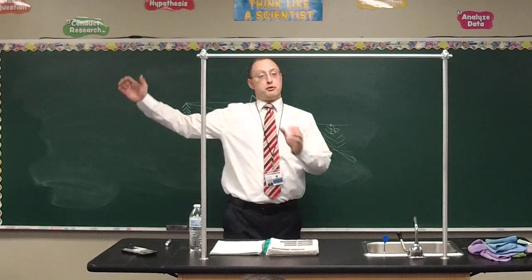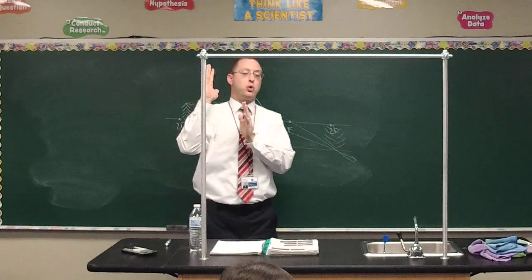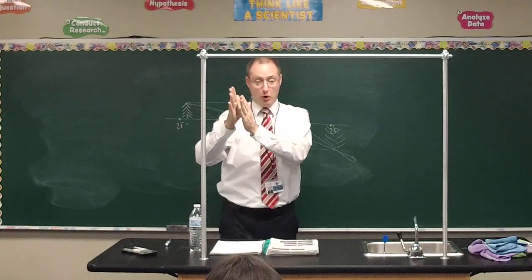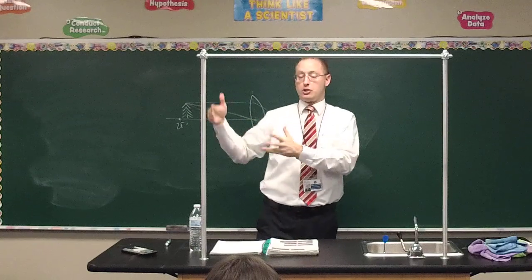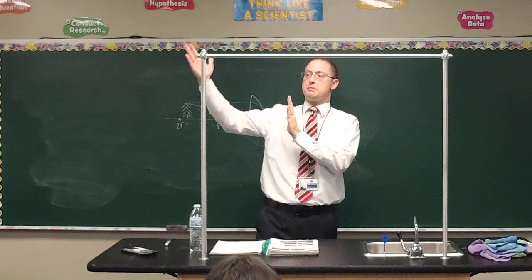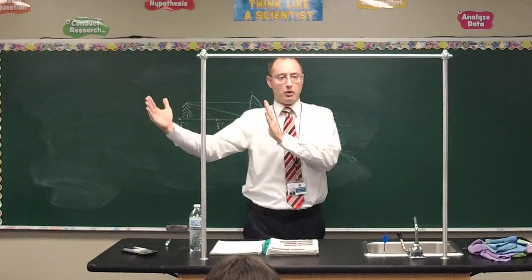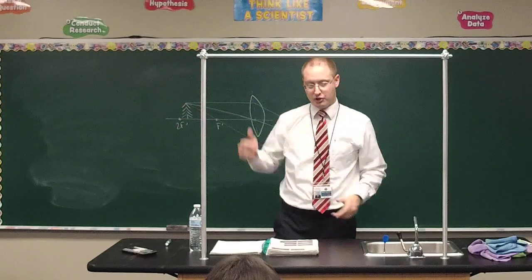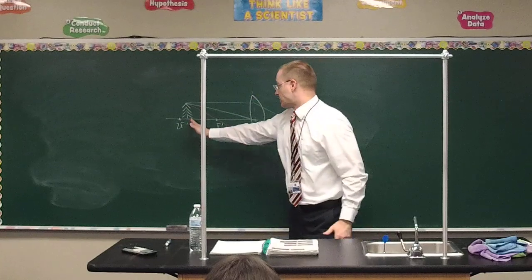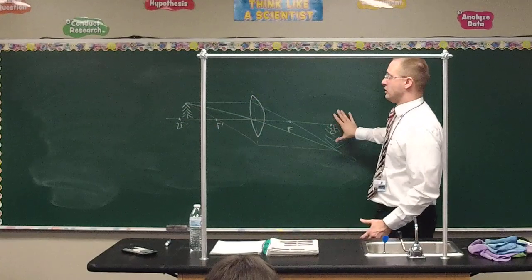Remember with the mirror, if you brought the object closer, so it was between the center of curvature and the focal length, the focal point, then you would end up getting this real, inverted, enlarged. Well, the same thing happens with the lens. As the object gets closer, between double the focal length and the focal length away, between 2f and f, or 2f prime and f prime, gets here, then we see what we just saw on the board. This is case 4.